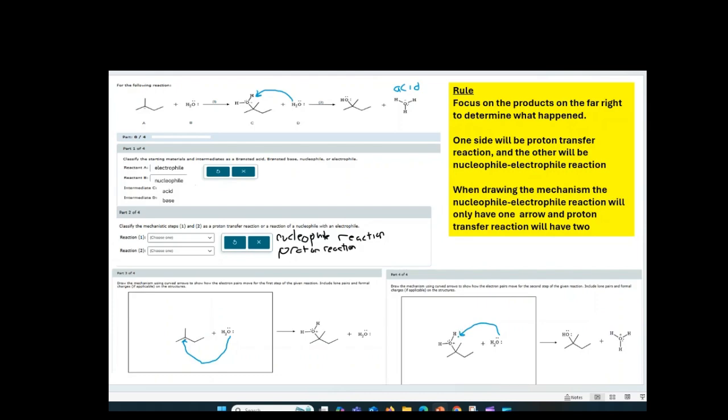That's going to be part one, where it pulls the hydrogen, and that's how the hydronium is formed right here. And then on the second part, it's going to show that this bond that held oxygen and hydrogen together is going to go back to the oxygen, as you can see right here, because instead of 2 lone pairs on this oxygen, you now have 4. And that's pretty much how you solve the problem.